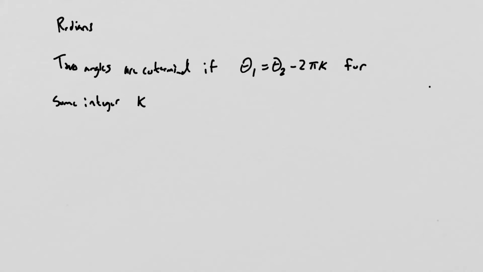Now, in terms of radians, we say two angles are coterminal as follows. Two angles are coterminal in radians if the first angle is equal to the second angle minus 2 pi times some k. An example of two angles that are coterminal would be the angle 0 and the angle 2 pi.